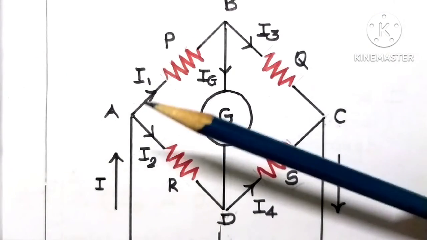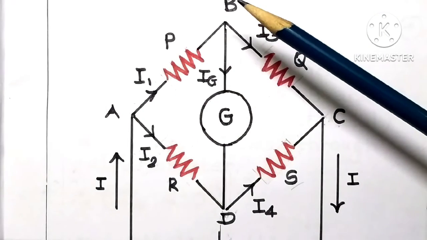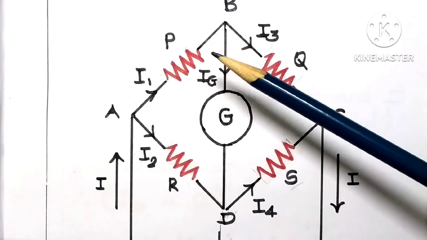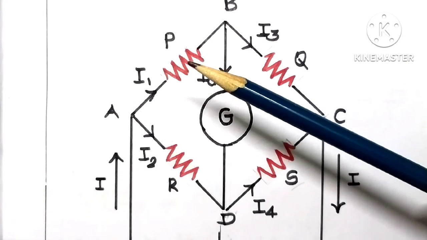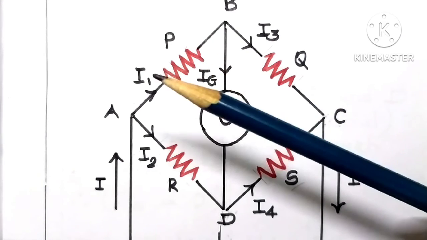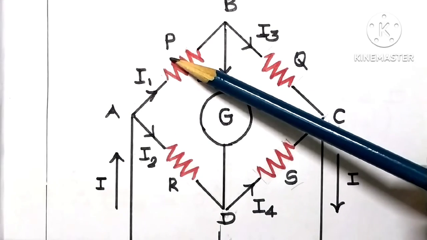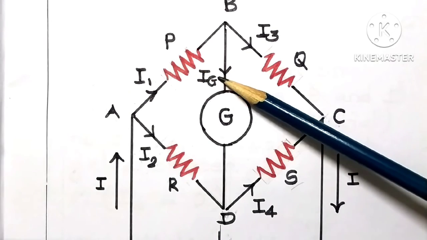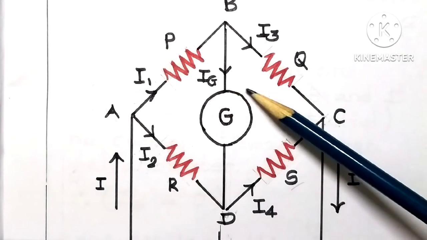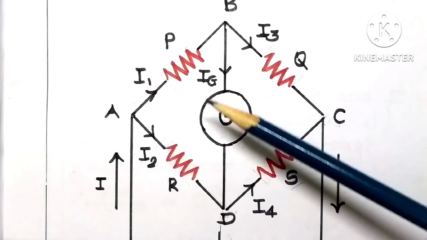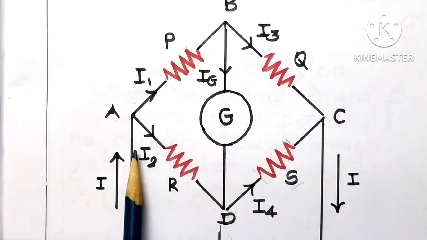So what does Kirchhoff's second rule say? The products of current and resistances, we need to take them first, then add them all. They are equal to the sum of the EMFs in a particular circuit. So here we will take I1P, then IgG. Here the resistance of this galvanometer is taken as capital G. So IgG, then I2R.